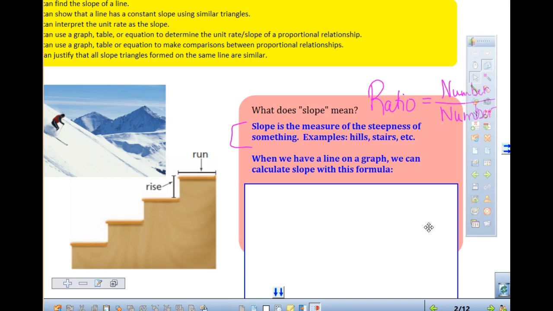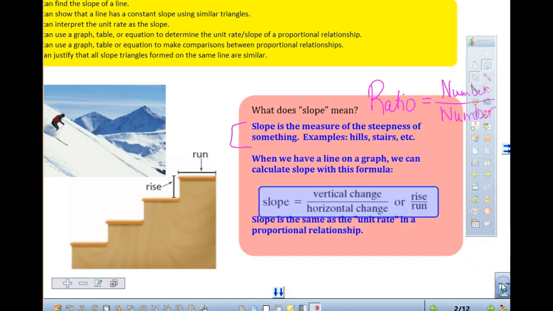So when we have a slope of a line, we can always use a formula. The second half of this unit, or today's lesson, we're going to give that formula. Okay? When we start out, that formula is simply as simple as this. The vertical change over the horizontal change. The vertical change over the horizontal change.